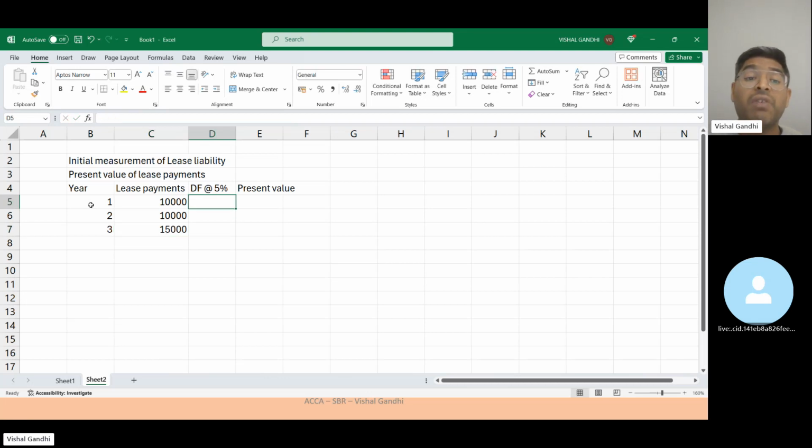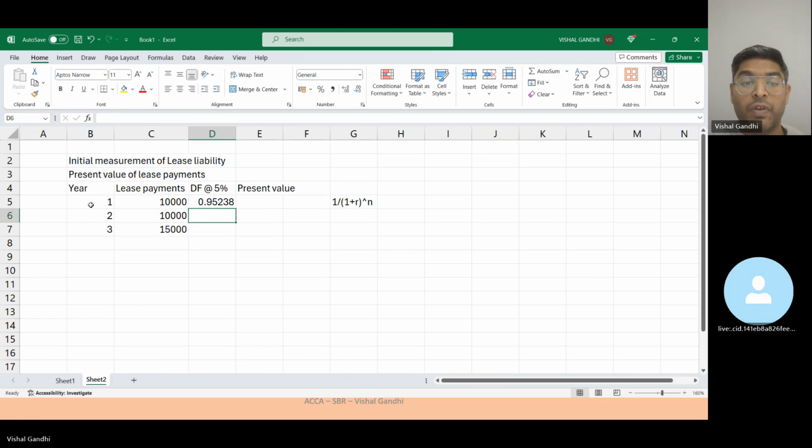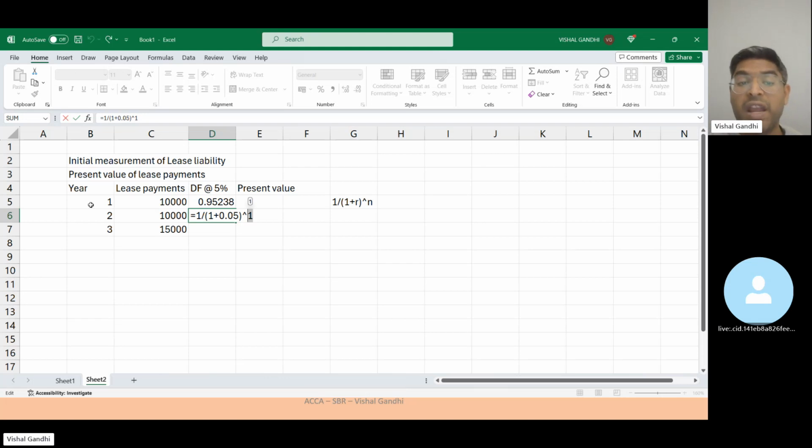Now, do you know how to calculate the discounting factor? The formula is always 1 divided by 1 plus whatever is the rate of interest, raised to the number of years. So now if we calculate here, 1 divided by 1 plus 0.05, because it's 5%, raised to 1. If I just copy this, I just need to change it: 1 divided by 1 plus 0.05 raised to 2.